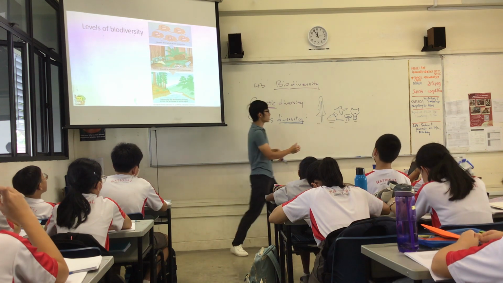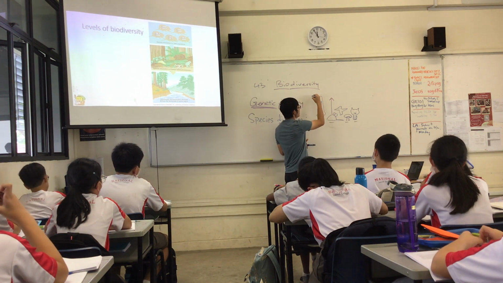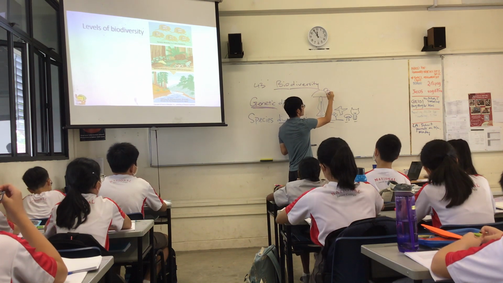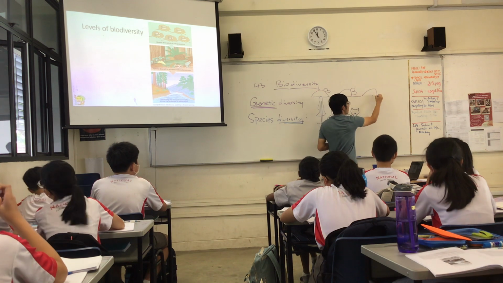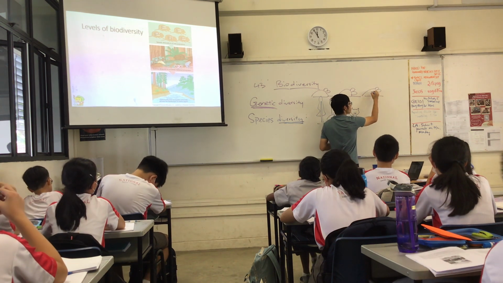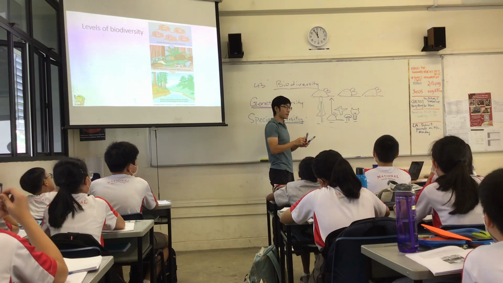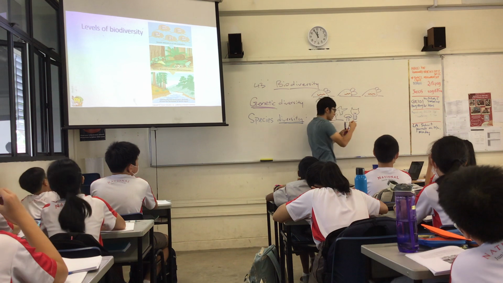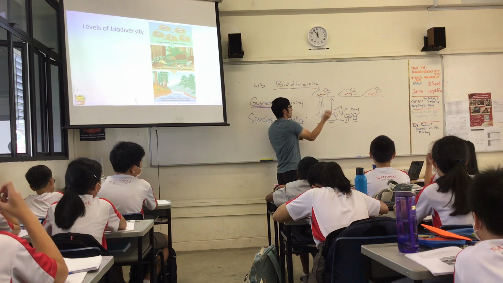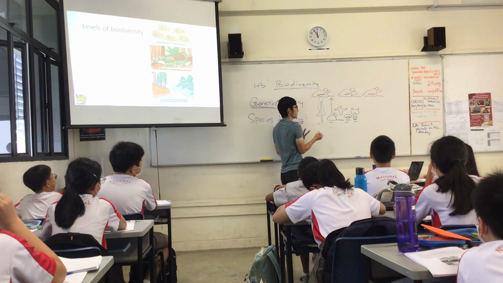For example, if I just go back one step, let's look at the mice. All of these are mice of the same species. They may look the same, but fundamentally in their DNA there may be differences. For example, this mouse's DNA may have a slight difference over here.